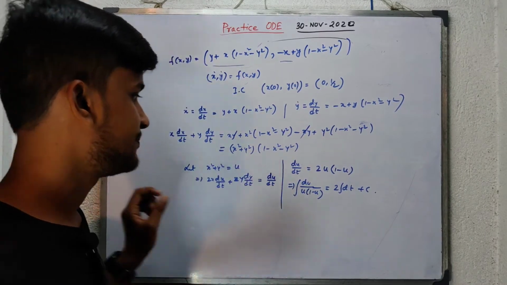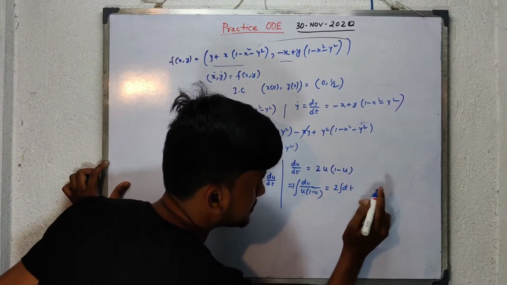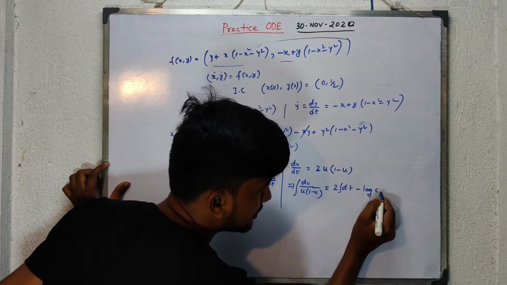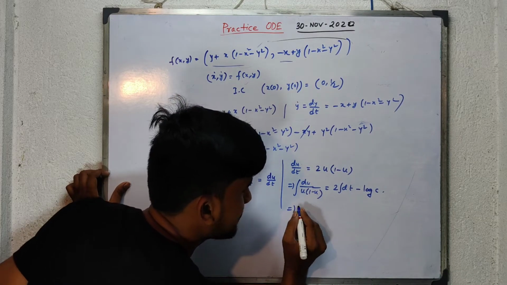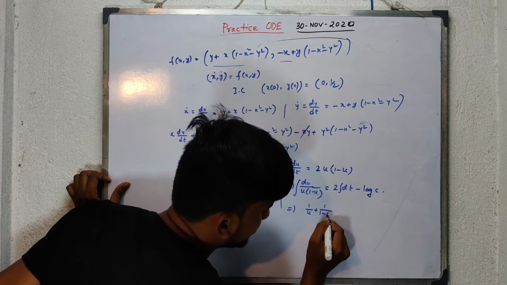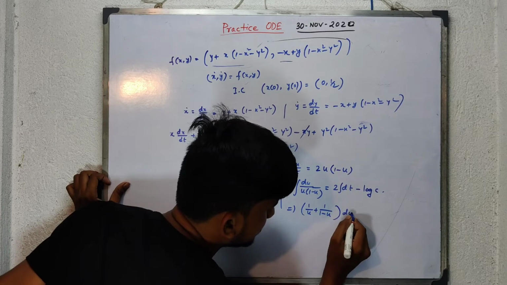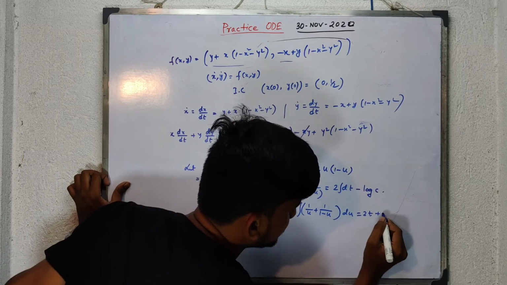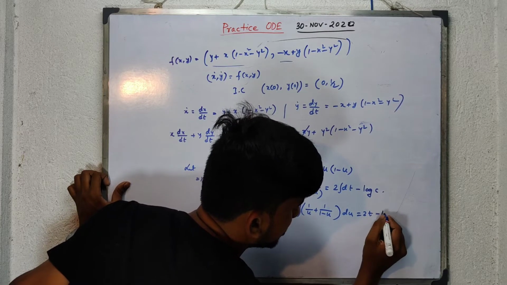This is the term, minus the log c. So this implies integration of 1 by u plus 1 by 1 minus u, du, by partial fractions, is equal to 2t plus minus log c.